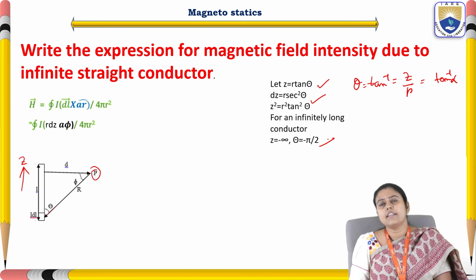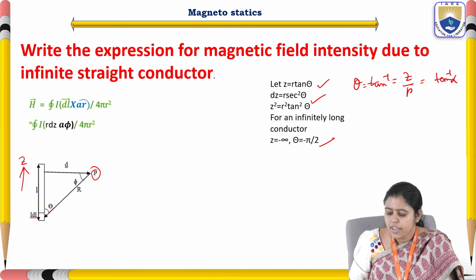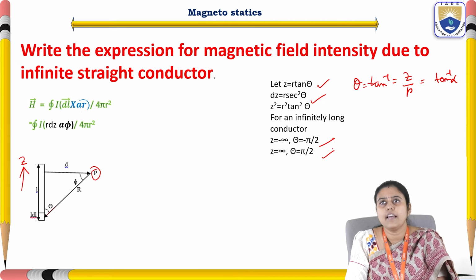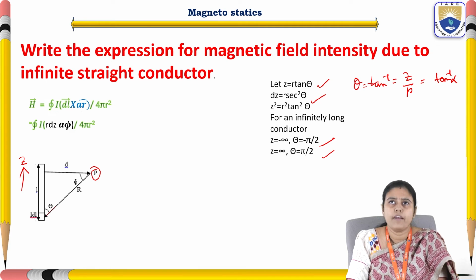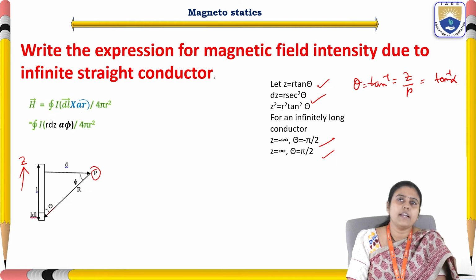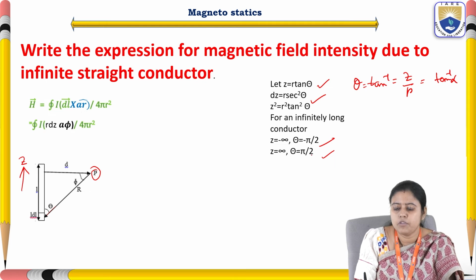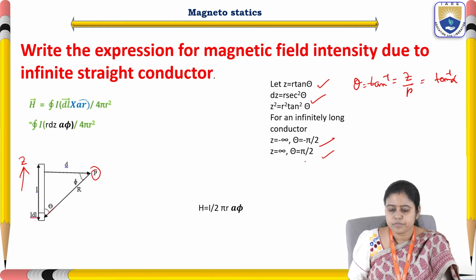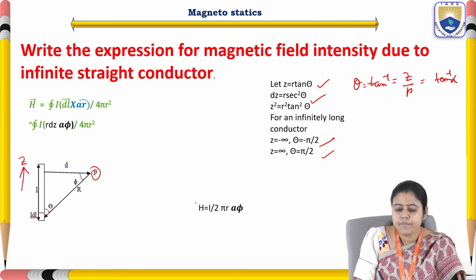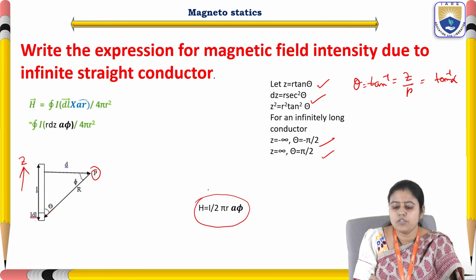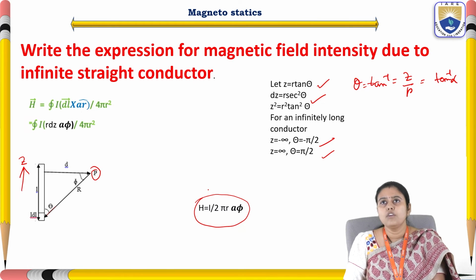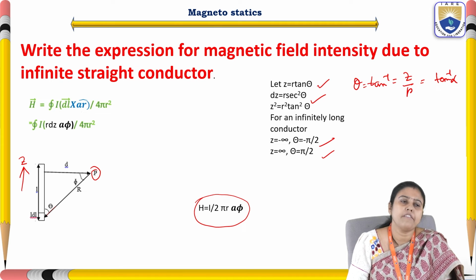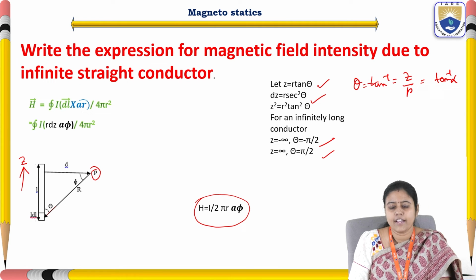Similarly in the negative direction, if z is equal to minus infinity, theta is equal to minus pi by 2. So if we take the integration between plus pi by 2 and minus pi by 2, after integration we get H is equal to I by 2 pi r, and the direction is a phi, the direction in the angle.